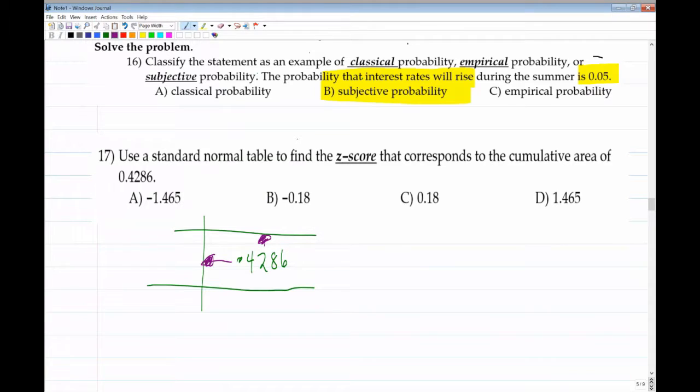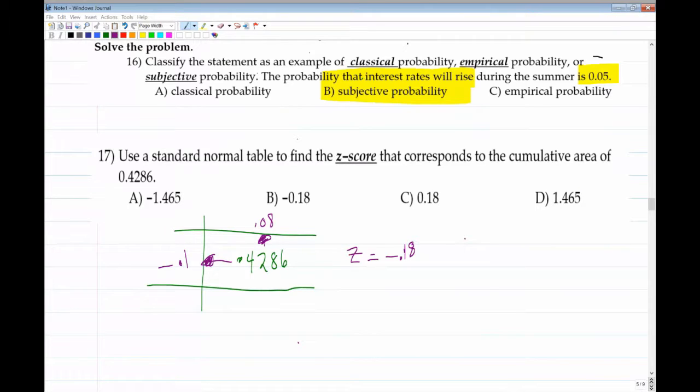And what you find is that z is equal to negative 0.1 and then over here 0.8. So z is equal to negative 0.18. If you're using the calculator, then you will be using second distribution, and then you go to number 3, and you input all these values, 0.4286.